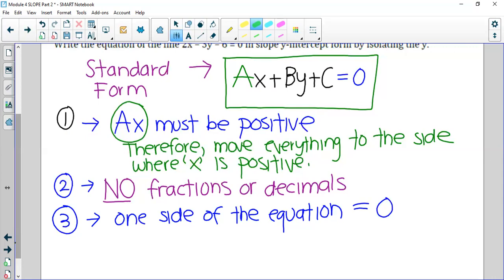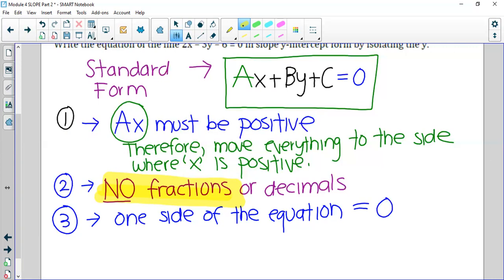There can be absolutely no fractions or decimals in standard form. Do not leave your equation with any fractions or decimals. It's okay in slope-intercept form because we're talking about rise over run. But if you have a fraction as your slope, you do have to get rid of the fraction for standard form.